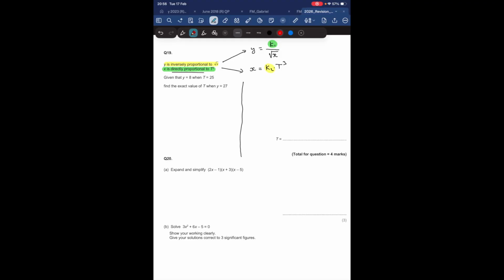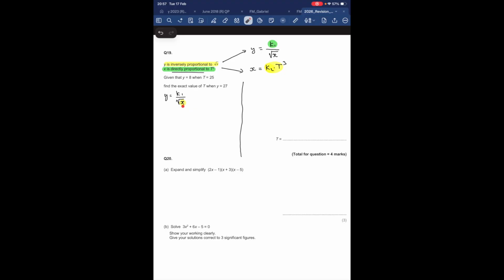The first thing I'm going to do is rewrite the first equation, y equals k1 over the square root of x. Now, what I'm going to do is replace the x here in the square root with this whole expression here, which is x equals k2 times t cubed.